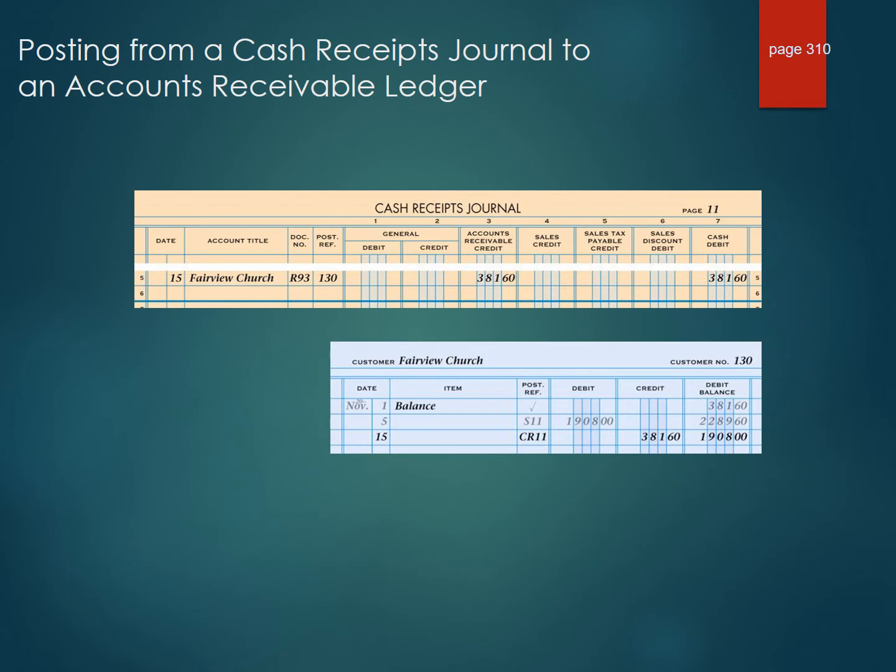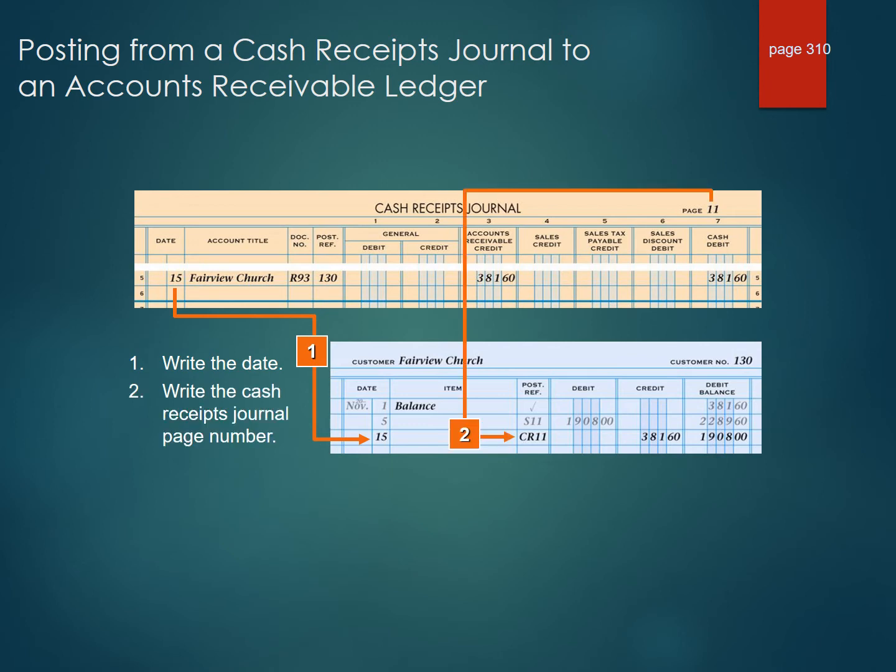To do this, we will go to our customer account in our subsidiary ledger, write the date, and write in the post reference CR11 for cash receipts journal, page 11. We will record the credit amount of $381.60.